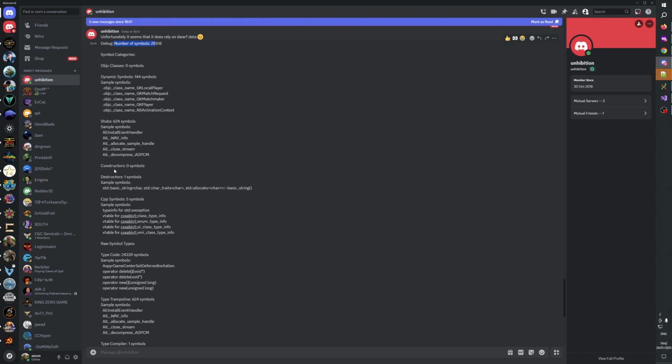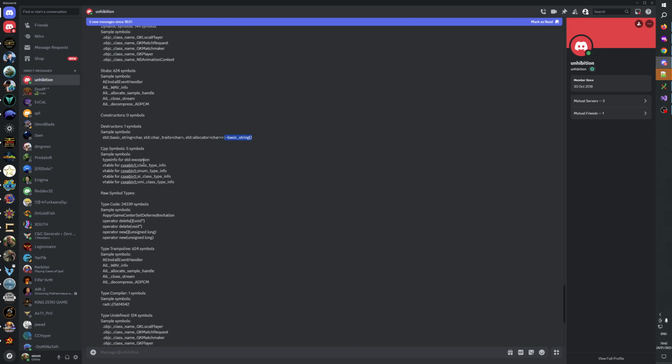Stubs. Constructors 0. Destructors 1. CPP symbols 5. Yeah, that's not much. Raw symbols.